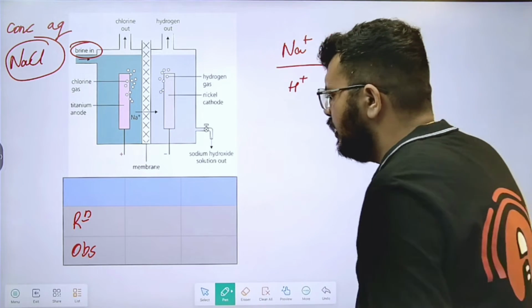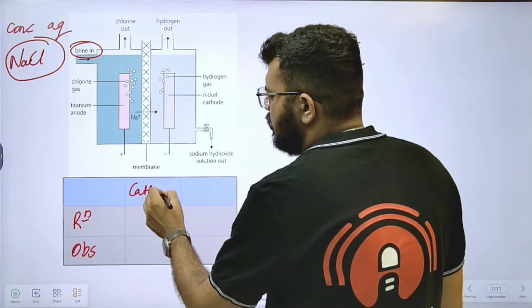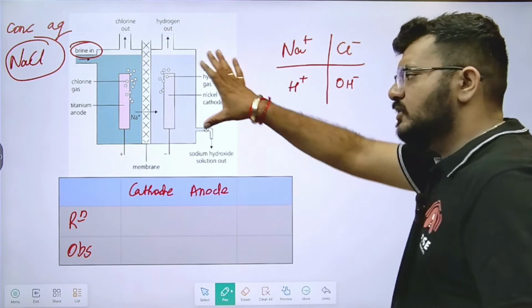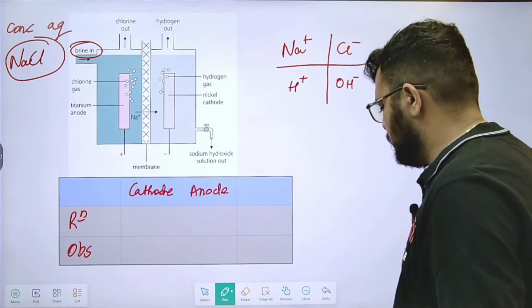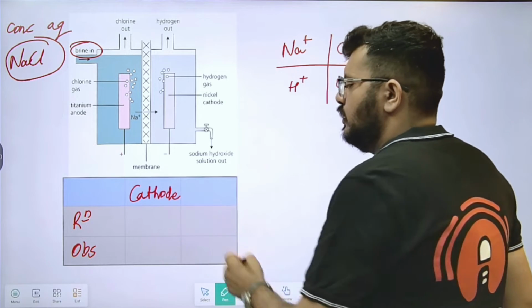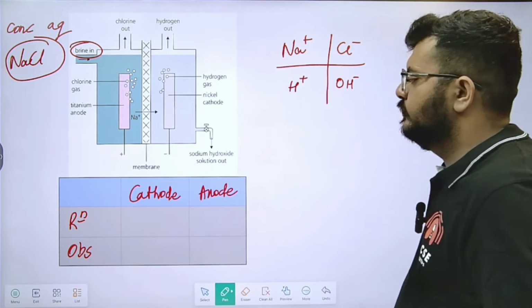Reaction, we'll write cathode and anode. I'll explain this whole thing, but let's first write the reaction. So cathode, let's give it some space, and there is anode.